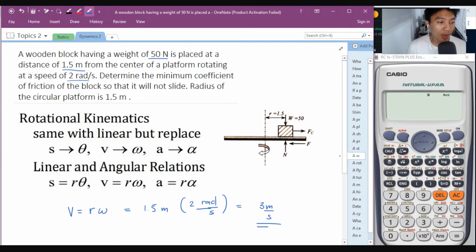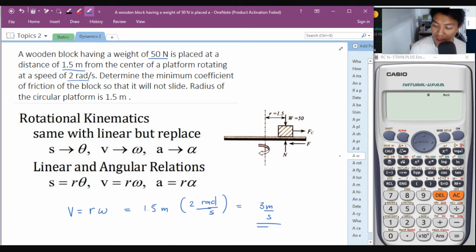Now, in physics, what keeps the block from sliding outward off the rotating plate? What keeps it in place, from swinging out of the rotating disc?